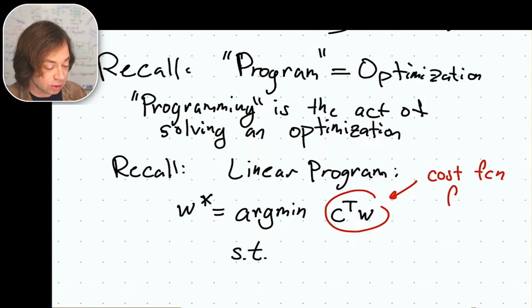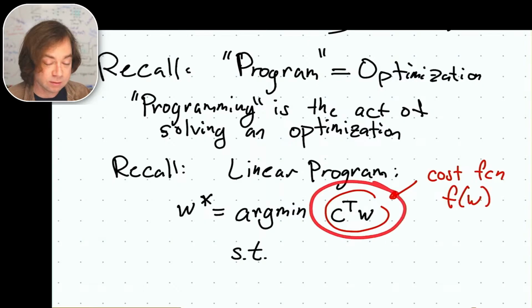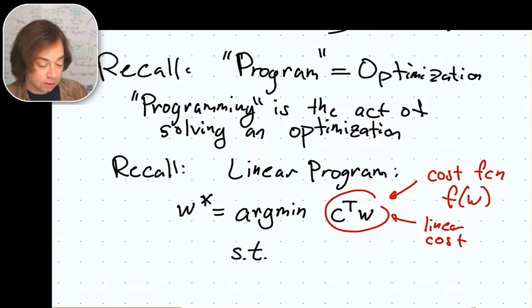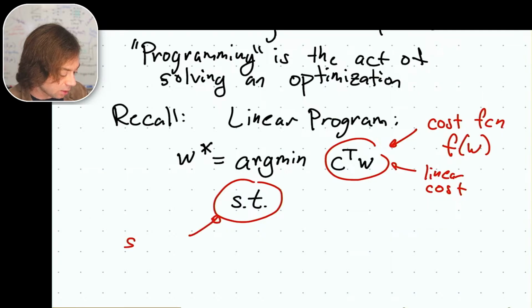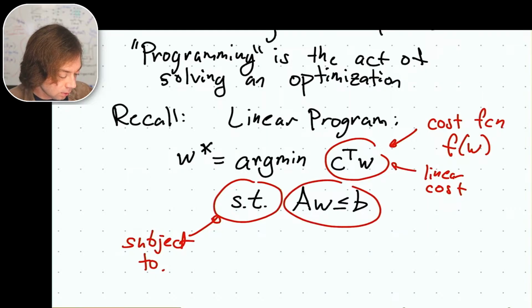Generally speaking, our cost function is just any old function of w, but for a linear program, the cost is linear. This is a linear cost. Subject to, that's what the s.t. stands for, the constraints that A w is less than or equal to b. So these are linear constraints.